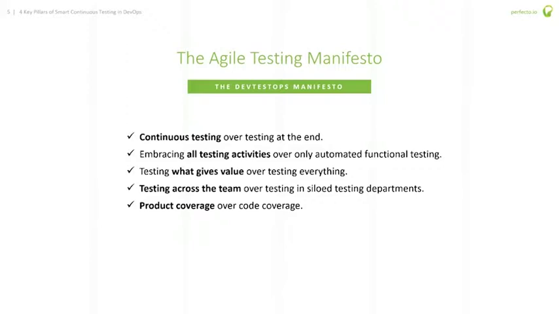Next, you need to embrace not just the functional testing. You need to make sure that continuous testing includes all the different testing types, including non-functional testing, performance, usability, accessibility, and the likes. Next, you also need to see what gives you value over just looking at a large pile of test cases, which not always provides you the right quality visibility.